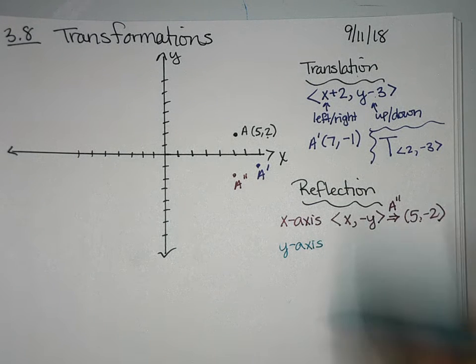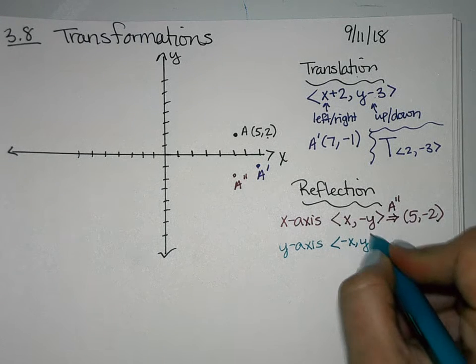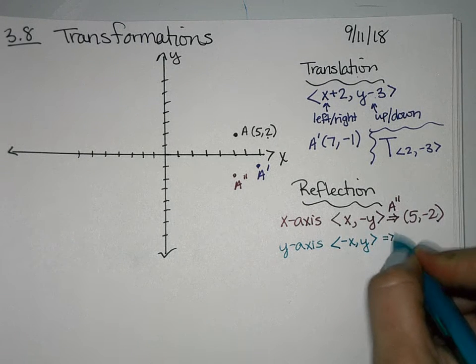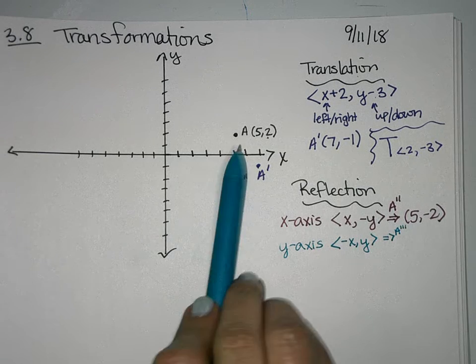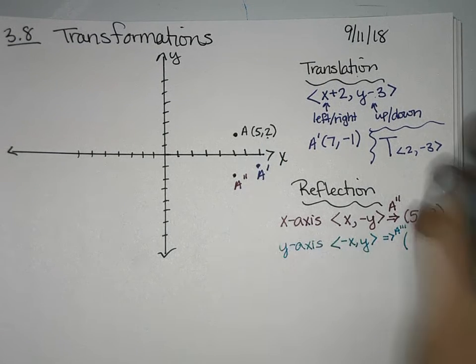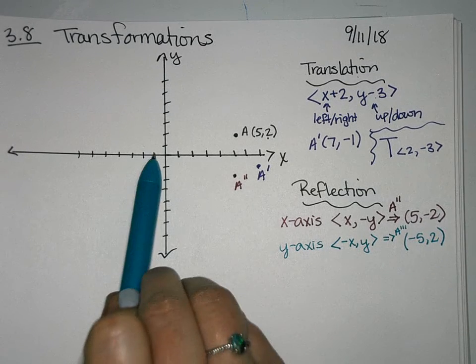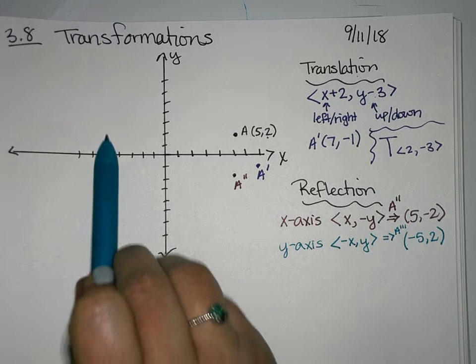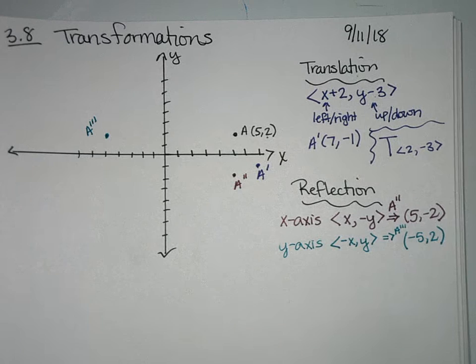If we wanted to go across the y-axis, we would switch x to its opposite and keep y the same. So again, if we were going to reflect our original point, the 5, 2, across the y-axis, the 5 would now become negative, and the 2 would stay the same. So if I went 1, 2, 3, 4, 5, up 2, I'd have my A triple prime that's reflected across the y-axis.